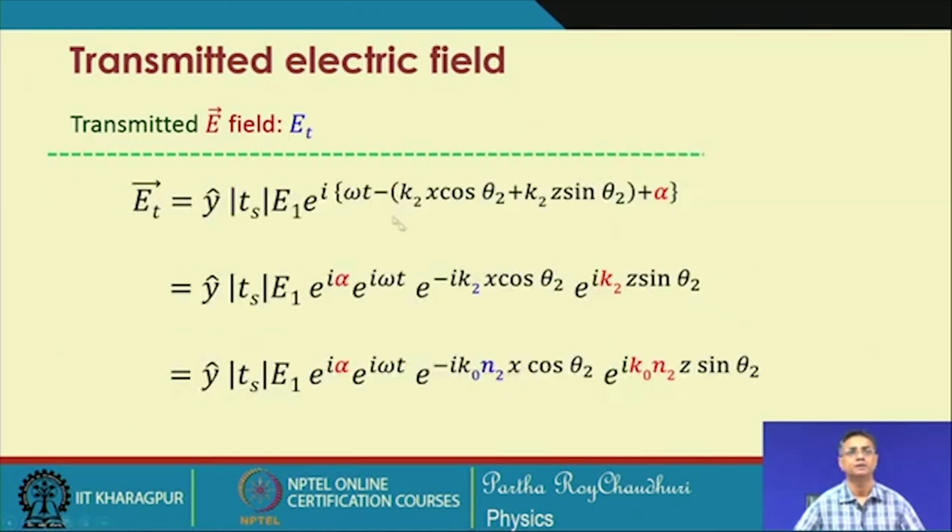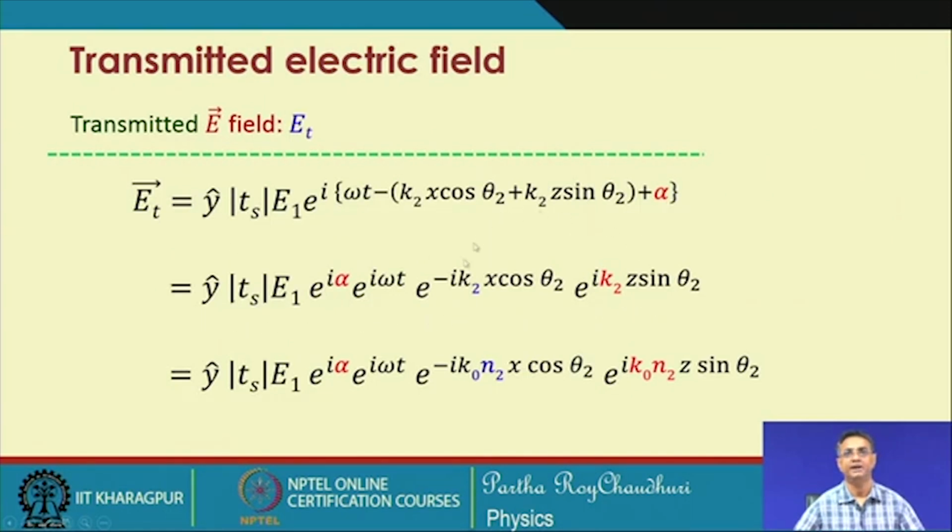Therefore, the transmitted electric field can be written in this form, because the electric field is parallel to the interface plane, and we can write that as y cap T s E 1 e to the power of i omega t plus alpha, where alpha is the additional phase arising out of T s, the transmission amplitude coefficient.